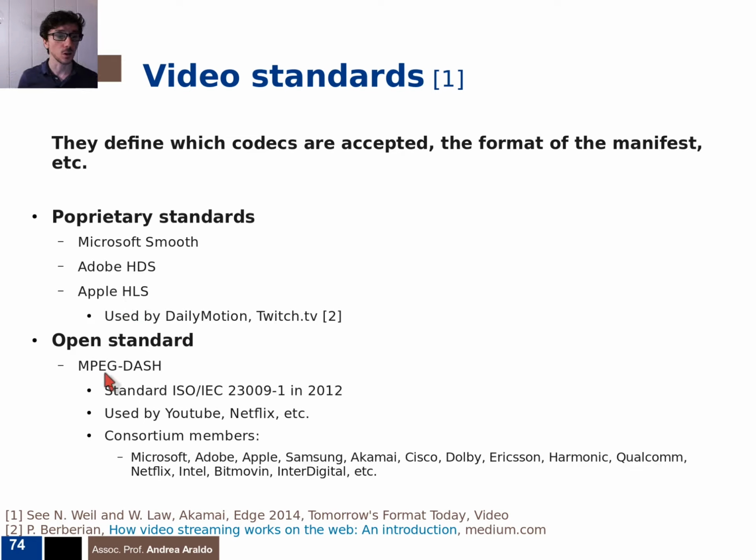And we have also open standards. The most important is MPEG-DASH, which became standard in 2012, and it is used by YouTube, Netflix, by all the major players. And in this standard, all the big names of the internet contributed: Microsoft, Adobe, Akamai, Apple, etc.